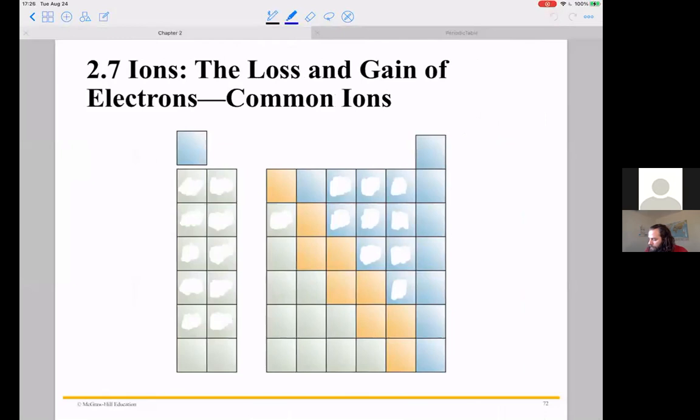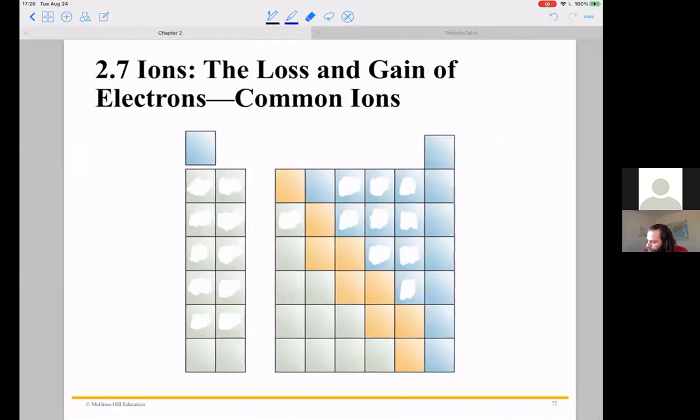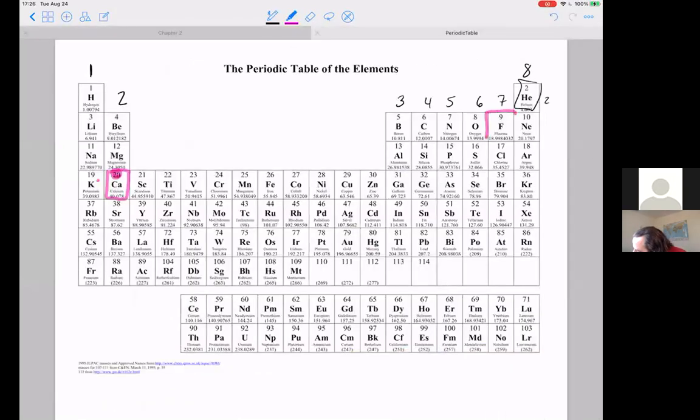Likewise, let's do another example. Let's do fluorine. Fluorine has 9 protons and 9 electrons. How could it get to a noble gas configuration the easiest?